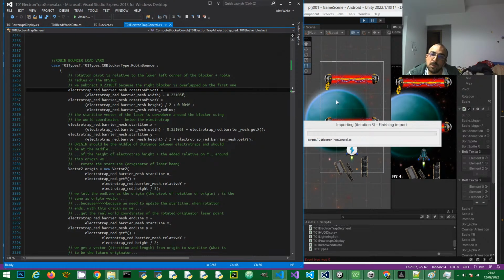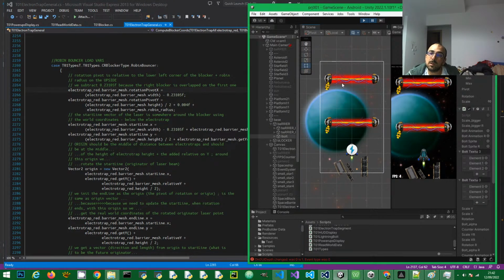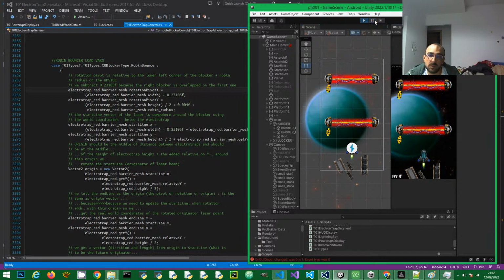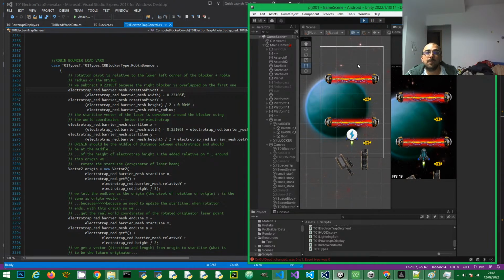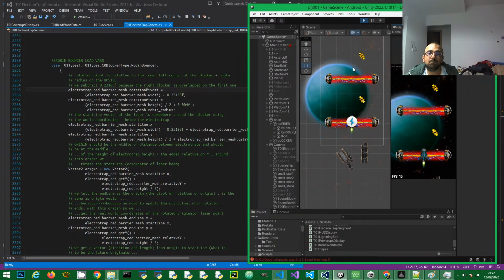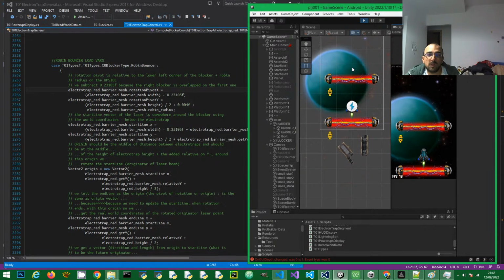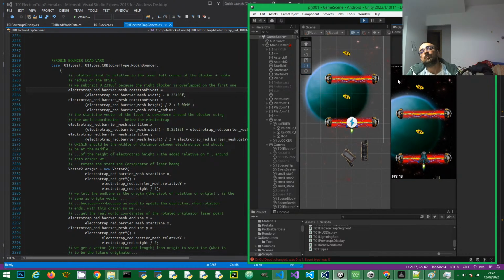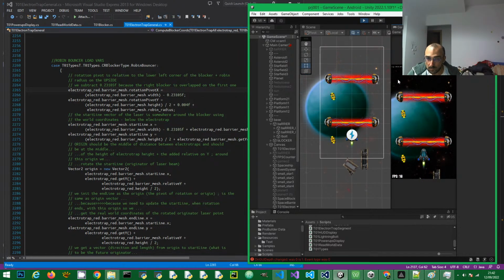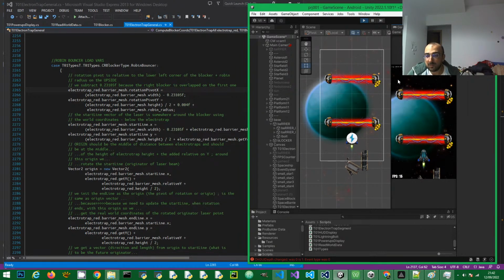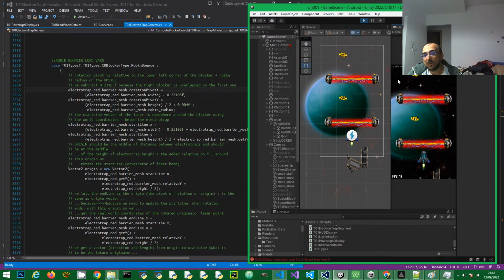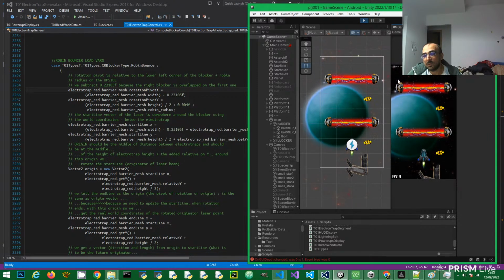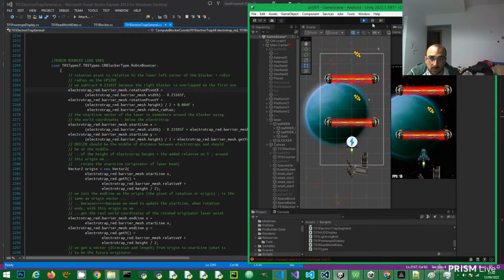We can slide it along the x-axis however we want, and besides this we also have a rotation pivot of the blocker that's used to rotate the object around its own axis.